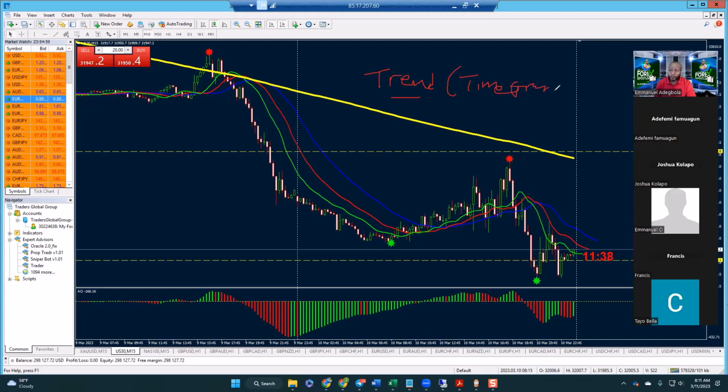If you are trading on daily charts and you say the trend is up, somebody that is trading on 1 minute might be looking at the same chart and say the trend is down. So the trend we are talking about here is a function of the time frame you are trading. Okay, I hope that is clear.